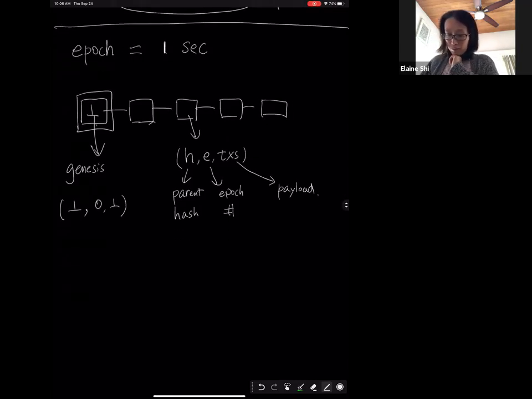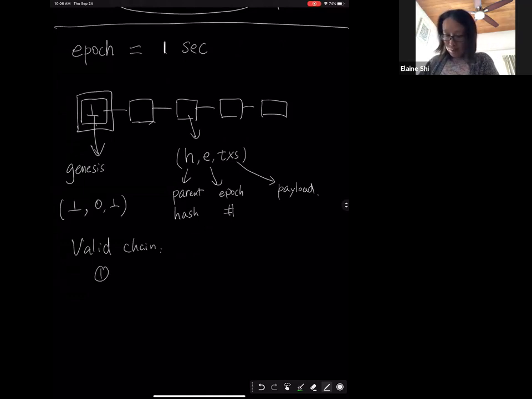Okay, so for a chain to be valid, we want to make sure every block's parent hash indeed matches the hash of the entire parent chain. So let me write down the validity rule.